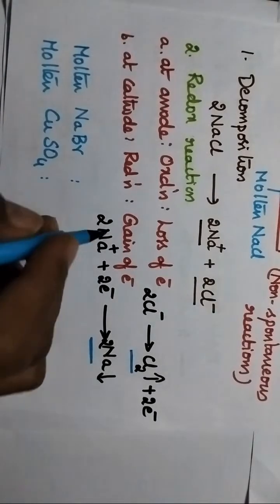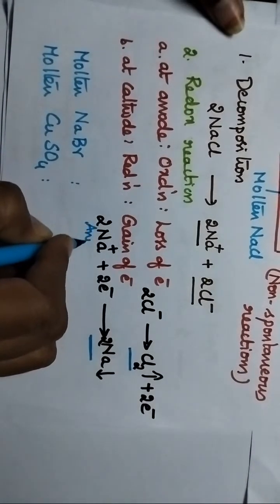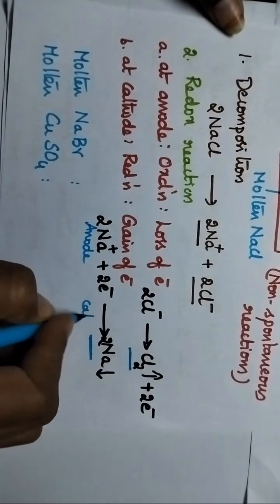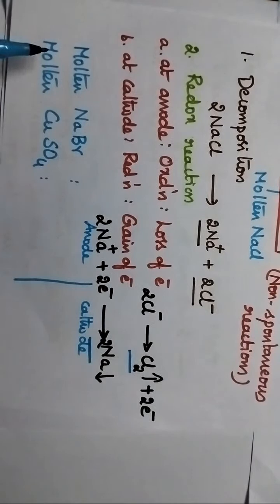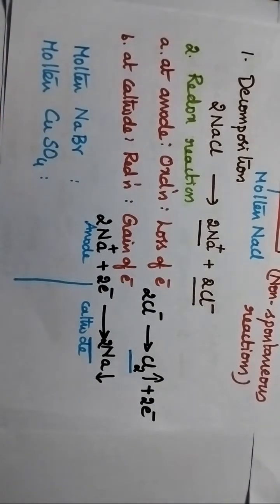One of you guess and tell me the answer. What are the products formed at the anode and at the cathode during the electrolysis of molten sodium bromide and molten copper sulfate? Any guess?